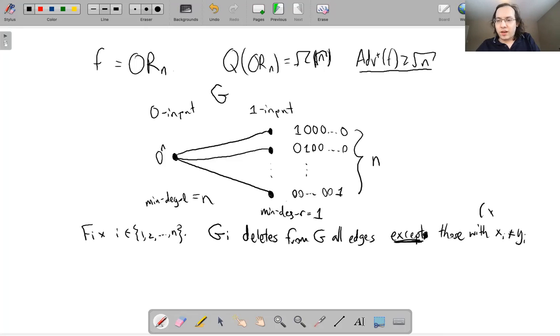So the edges look like x comma y, and we only keep an edge if x_i is not equal to y_i.